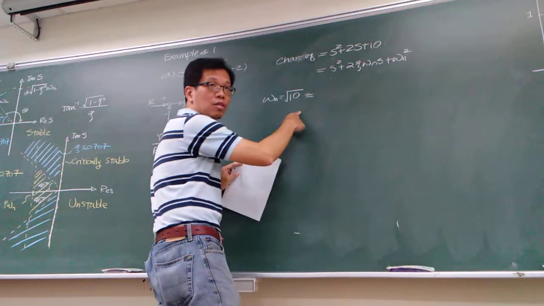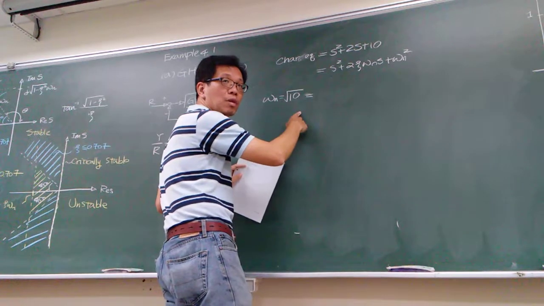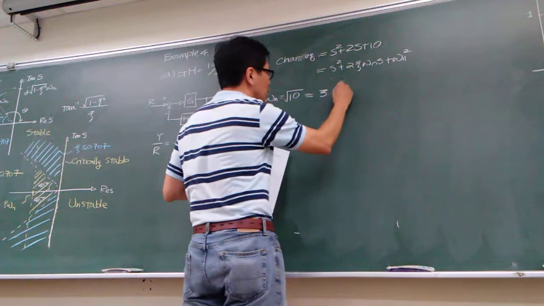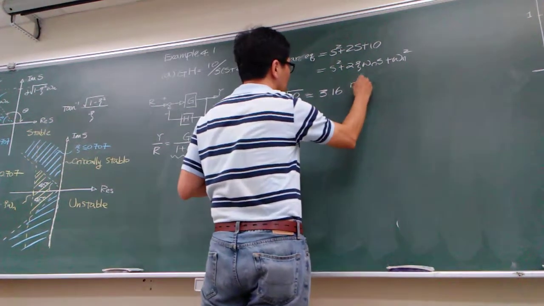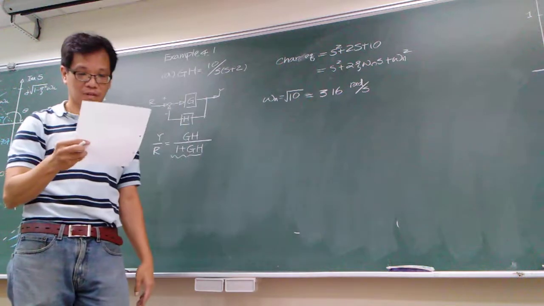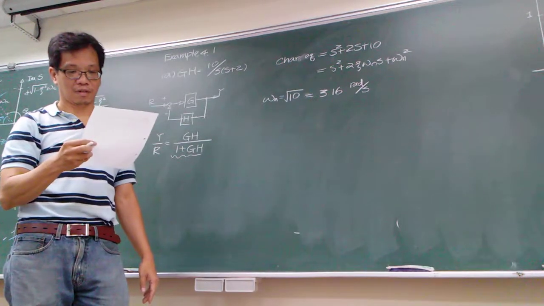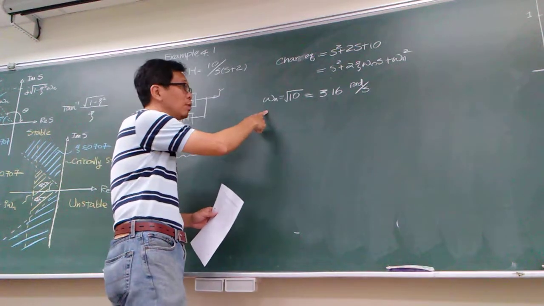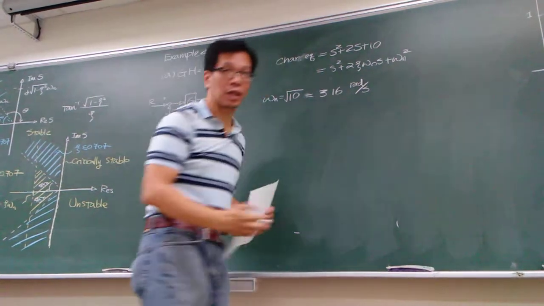Can anybody do the calculation over here? I think it's 3 point something, 3.16. Okay. So the natural frequency is going to be 3.16 radians per second.